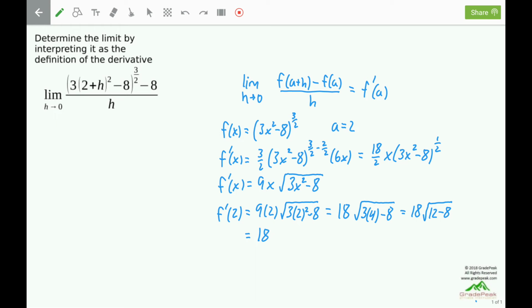So this will be equal to 18 times the square root of 12 minus 8 is a 4. And the square root of 4 is a 2, so 18 times 2 will give us a 36. Therefore, this limit up here is equal to 36.